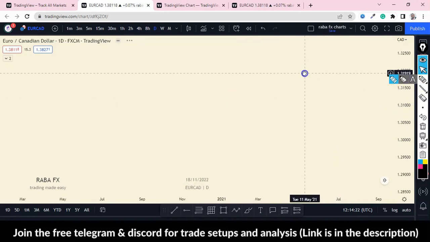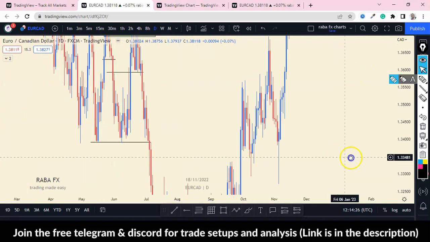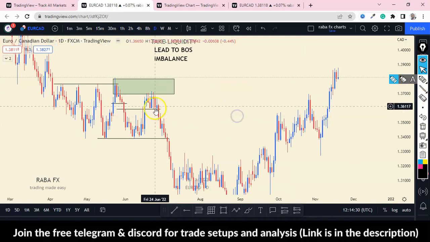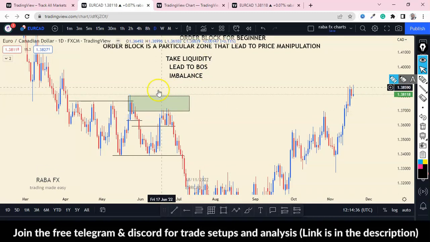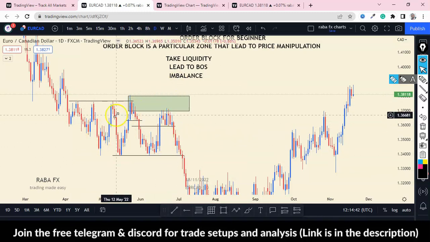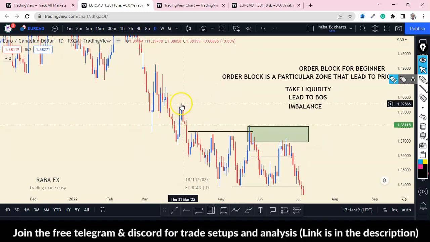Why were we able to take the trade? Because we went to a lower time frame, which is the 4 hour time frame, to confirm if that zone is tradable.